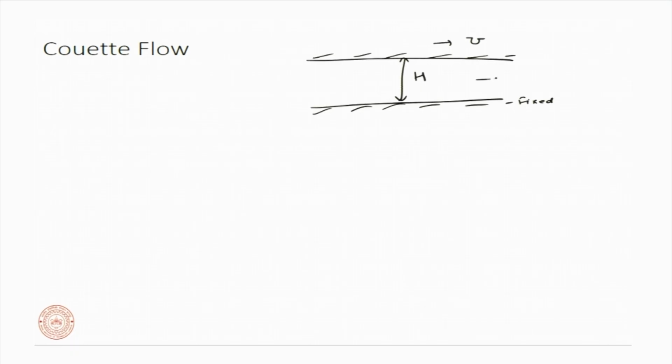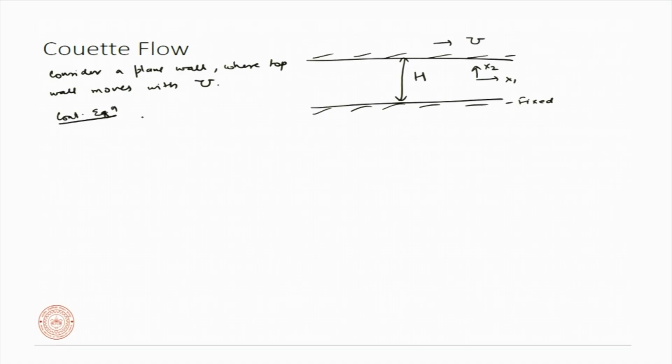This is our x1 direction, this is our x2 direction. Okay. So, we are considering a plane wall where the top wall moves with a velocity u. Okay. Again, from our continuity equation, this is 2 dimensional, just write it 2 dimensional.